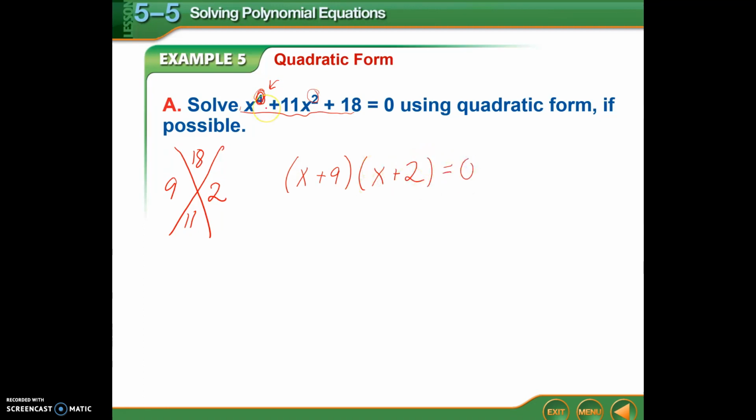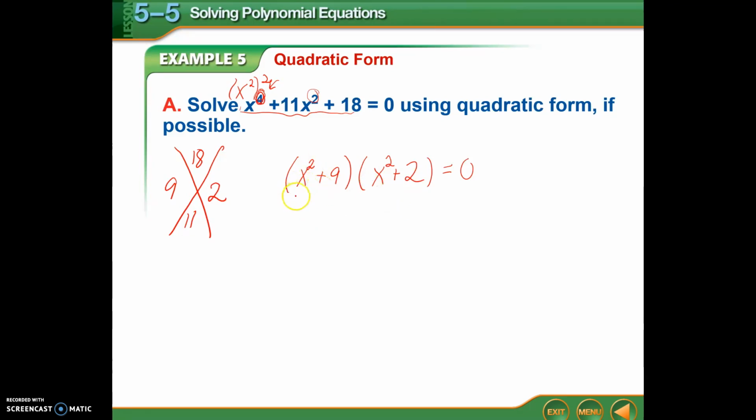But this is to the fourth, so we know that the first two terms multiplied should be x to the fourth. So I'm going to make this power 2, because this could be written as x squared squared. So that makes that 2, and then if I were to factor that or finish that out, I would see that that would work.